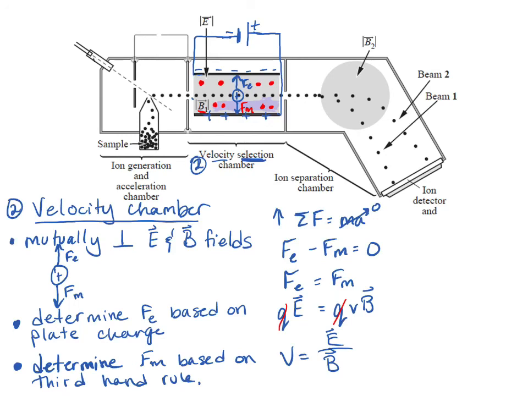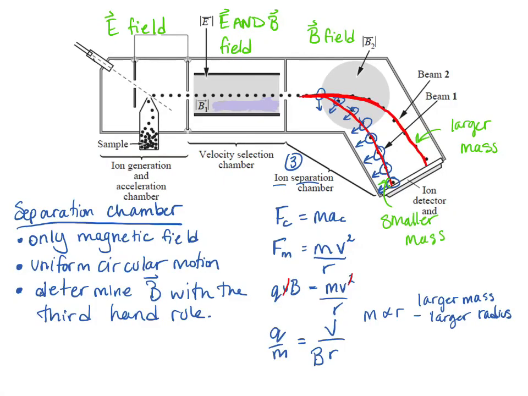Because if they have too much charge, they're either going to go up to the negative plate. If they have too little charge, then they're going to go down to the positive plate because of the magnetic force. So only certain ions can actually make it through here with a certain amount of charge. So then we can just care about the mass or the charge to mass ratio in the third chamber.